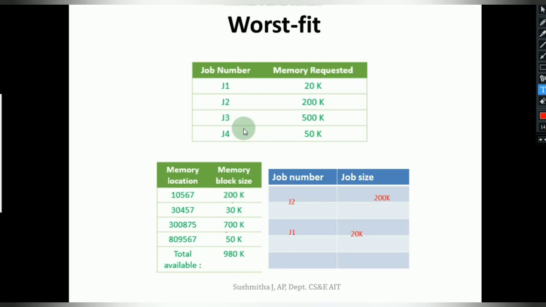The next that we have is J3, and the largest blocks that are available are just 30 and 50, so J3 cannot be assigned. Next we have J4. The largest block that is available is 50K, so J4 shall be put here.